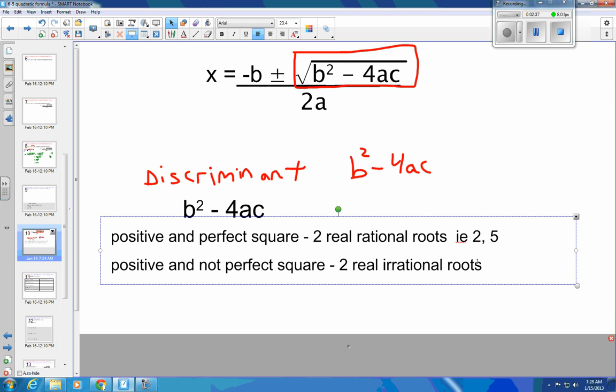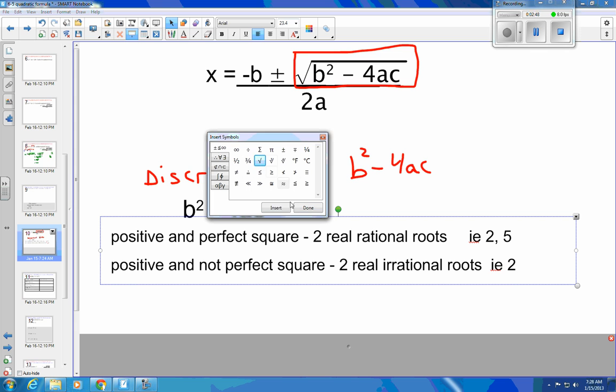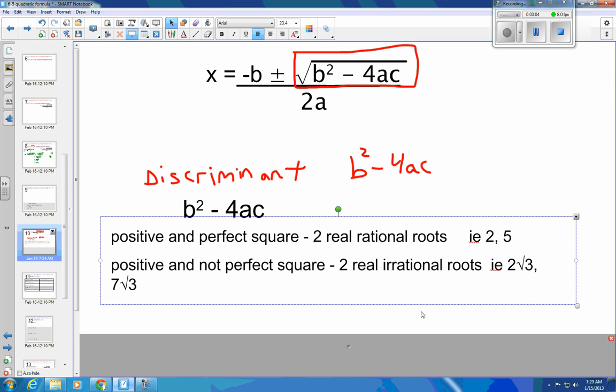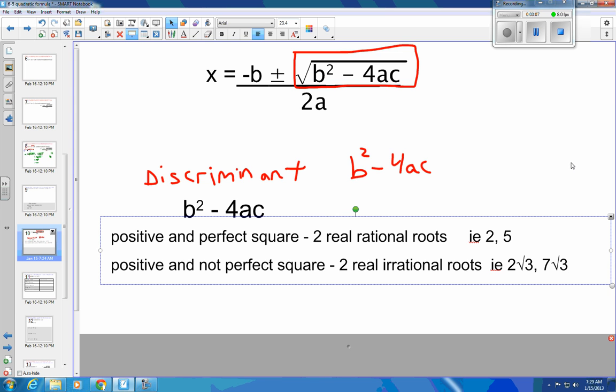So an example here would be 2, and then we'd need the square root symbol. 2 square roots of 3, and maybe 7 square roots of 3. Because you'd be adding and subtracting that discriminant part, right? Plus or minus. Okay, so there would be 2 irrational roots.